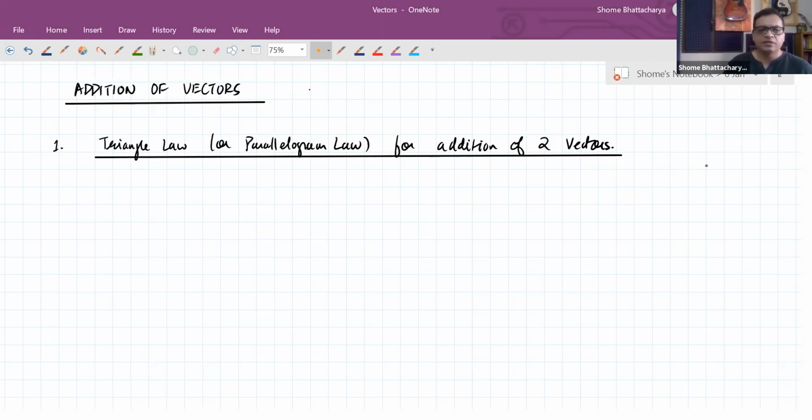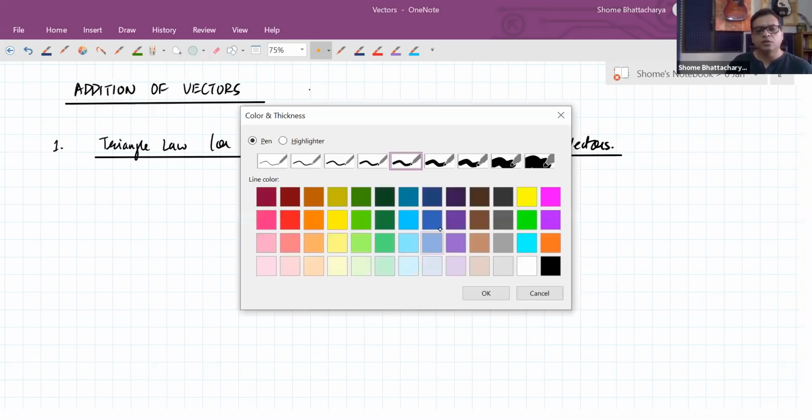Having said that, triangle law, as you know, is a geometrical method of adding two vectors.